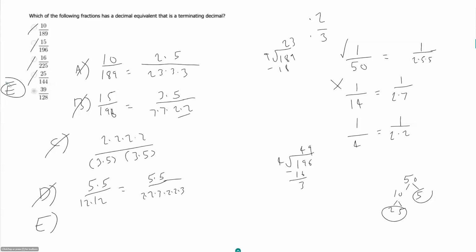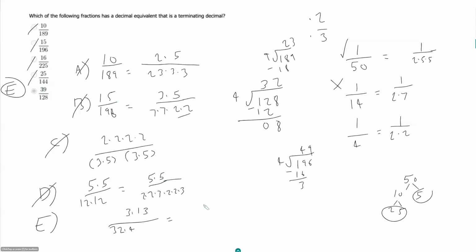Let's actually prove it. 39, that's 3 times 13, all over 128. And so that should be divisible by 4. So 4 goes into 12 3 times, so 32 times 4.